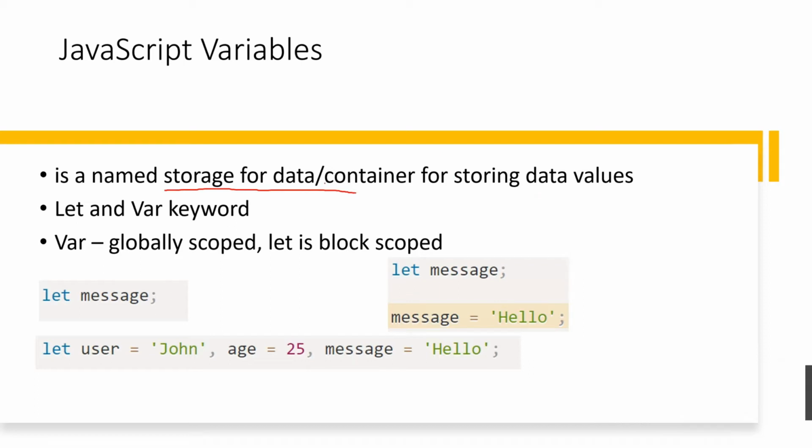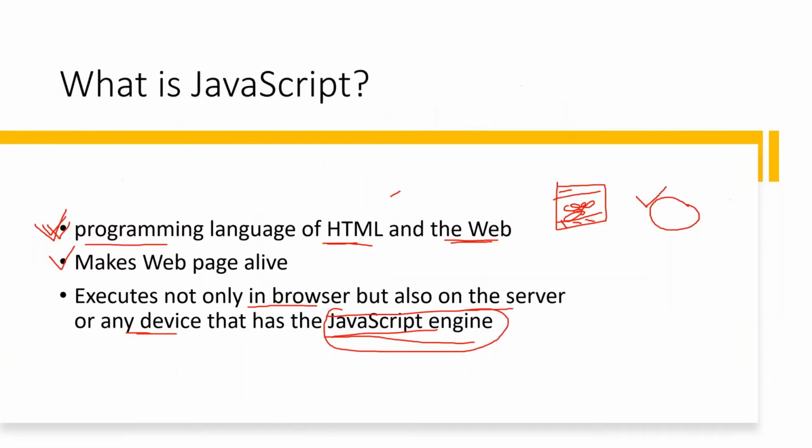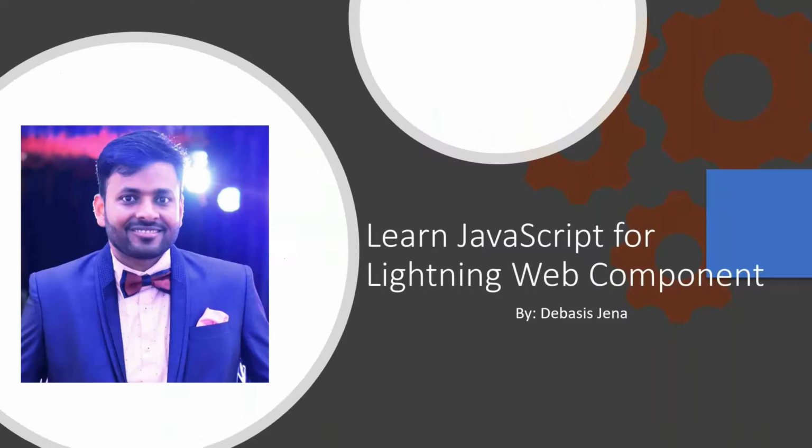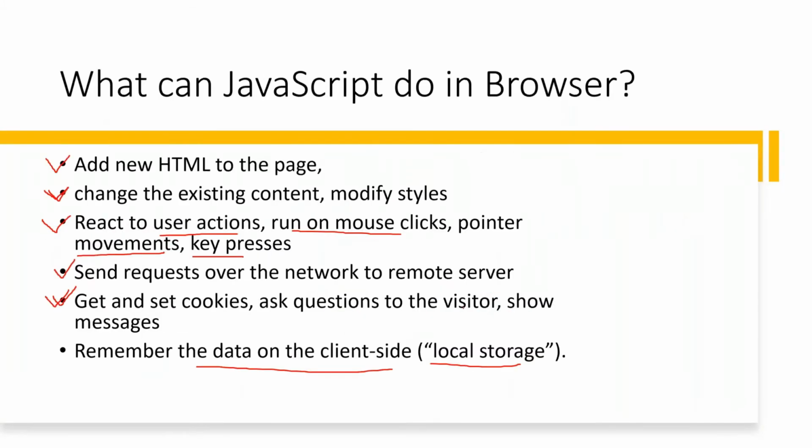Let's see, I have a name to store. I have a name, Devasis, which I want to store. Now if I want to store it, how can I do it? That means I will create some variable which is going to use my local storage. If you remember, I have explained about local storage, how data on the client side is stored in local storage.